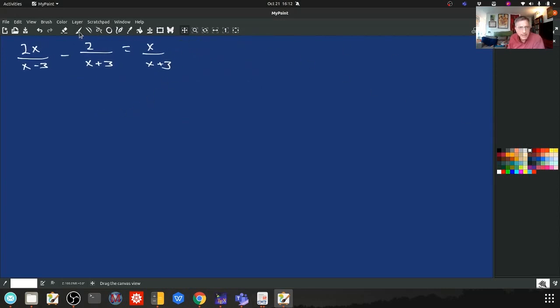So we need to find the LCD of x minus 3 and x plus 3. Again, both terms are prime, so the LCD is x minus 3 times x plus 3. And let's go ahead and see what I have to exclude.